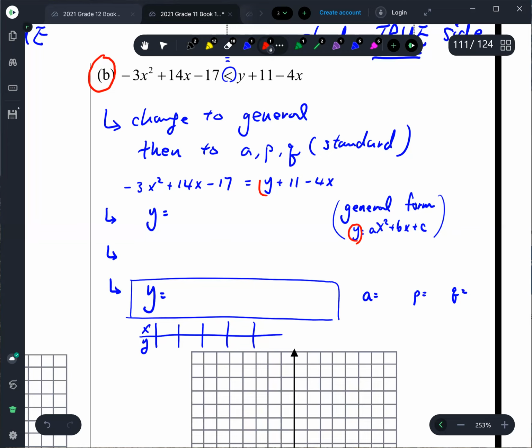So y is on the right-hand side now, right? So you need to move which ones? You want to keep the y by itself, so y stays there. Don't move the y. So what do you move instead?